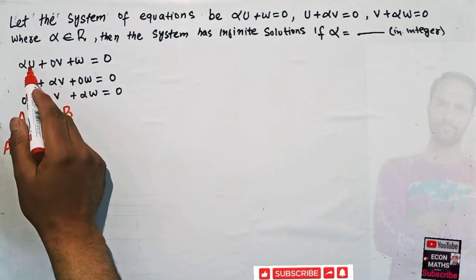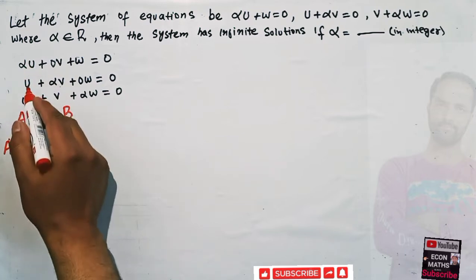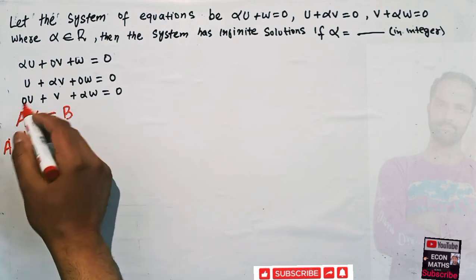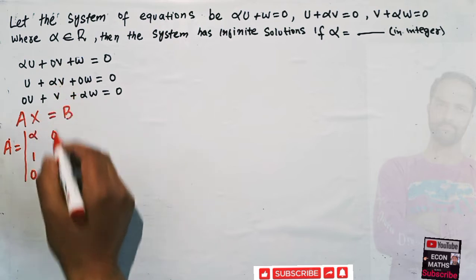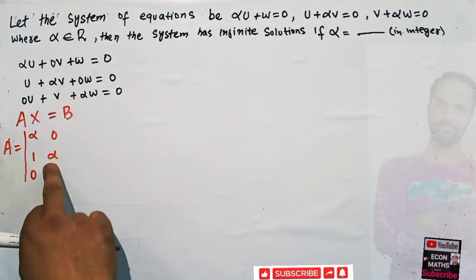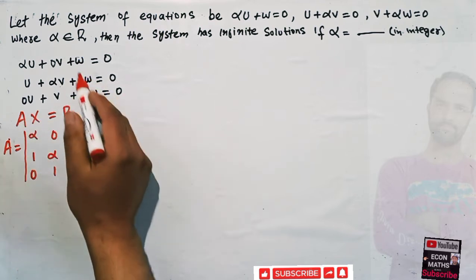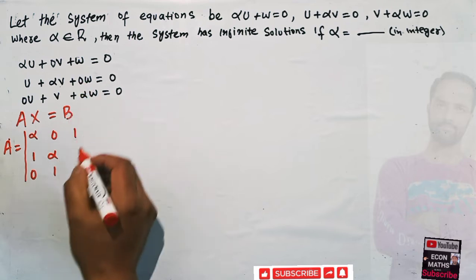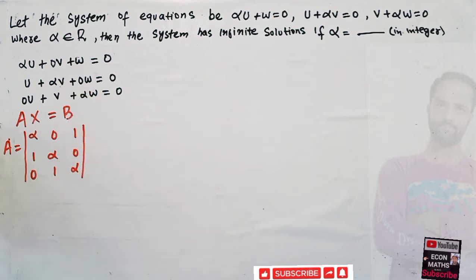Here the coefficient of u is alpha. Here we have 1, the coefficient of u. Here we have 0, the coefficient of v as 0. Here we have alpha. Here, in place of v, the coefficient is 1. Here the coefficient of w is 1. Here we have 0. This is our coefficient matrix.